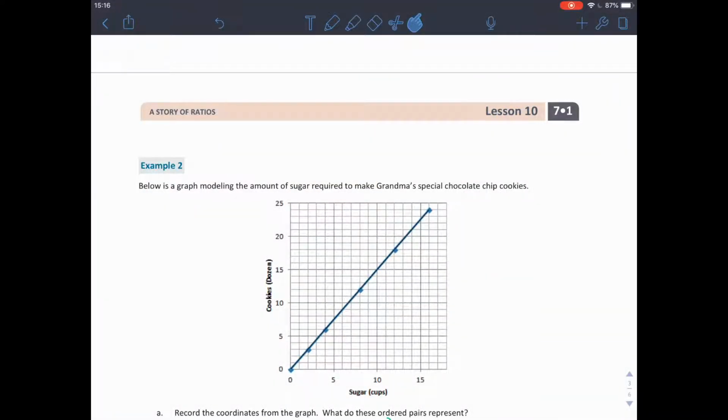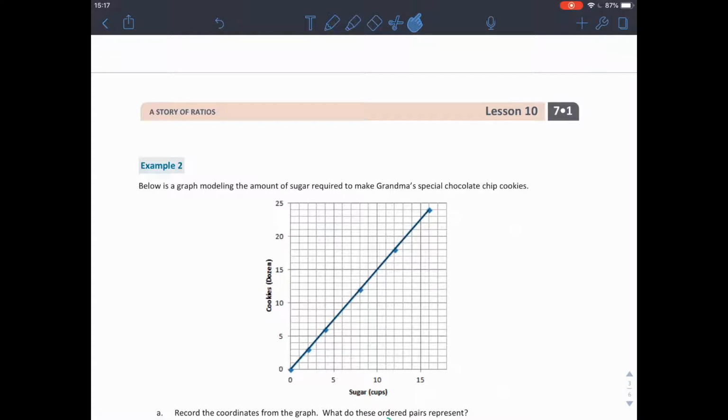Below is a graph modeling the amount of sugar required to make Grandma's special chocolate chip cookies. Remember that our graphs are set up with our x values along the bottom and our y values running vertically up and down. The first thing we are going to do is record the coordinates from the graph. What do these ordered pairs represent?